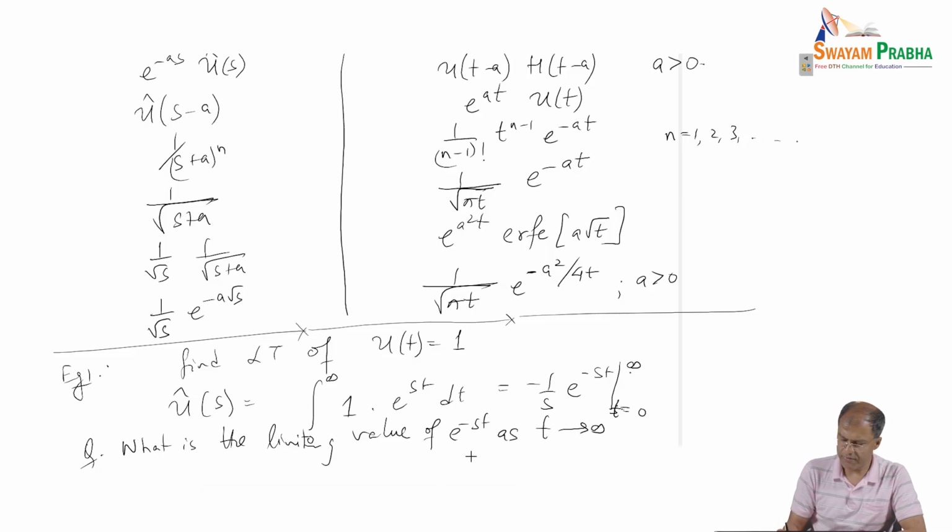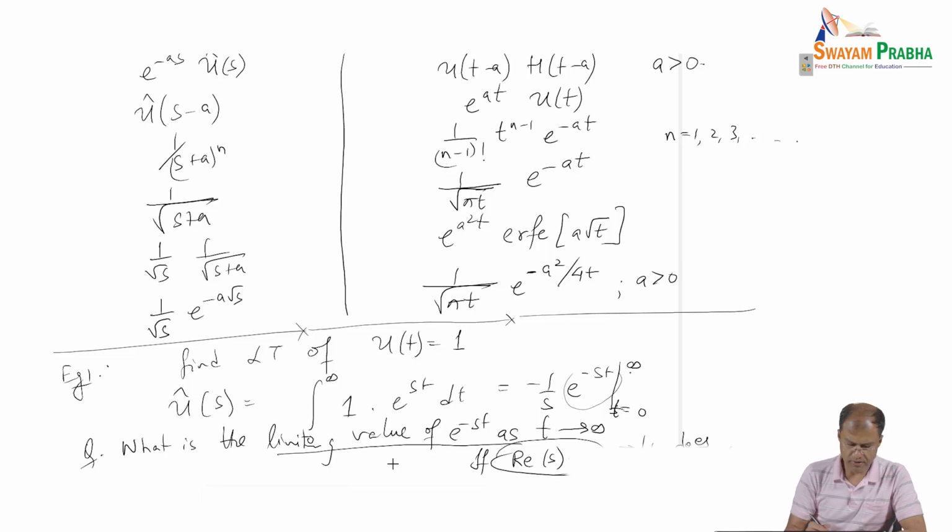And if the real part of s is less than 0, I expect that this limit does not exist. So if the real part is less than 0, we get an exponential to some positive power. Taking the limit at infinity will blow up, and hence the limit does not exist.